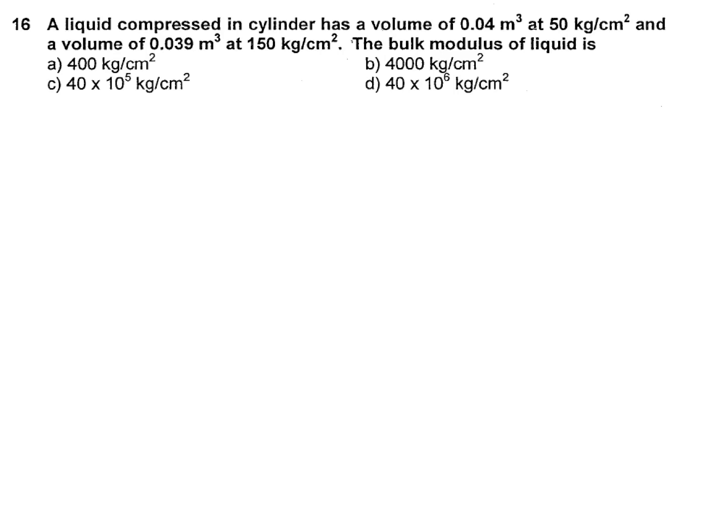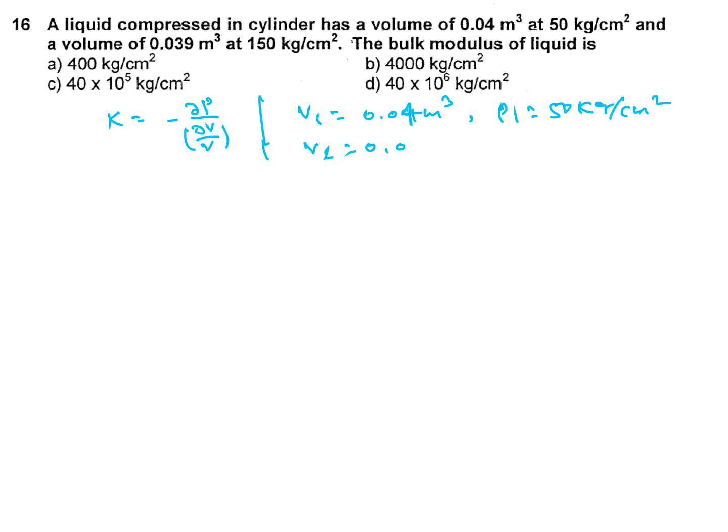K we know is minus dP by dV by V. From here, initial volume V1 is 0.04 meter cube, pressure P1 is 50 kg per centimeter square, V2 is 0.039 meter cube, pressure P2 is 150 kg per centimeter square.